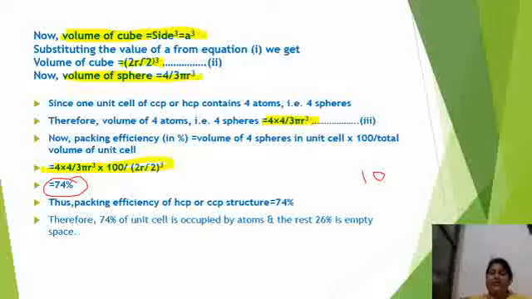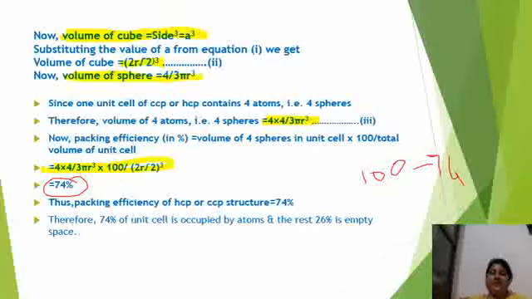So how much space will be left free? That is 100 minus 26. 100 minus 20, sorry, 74. 100 minus, not 26, that is 100 minus 74, that is 26%.